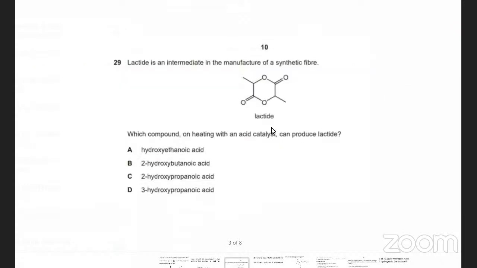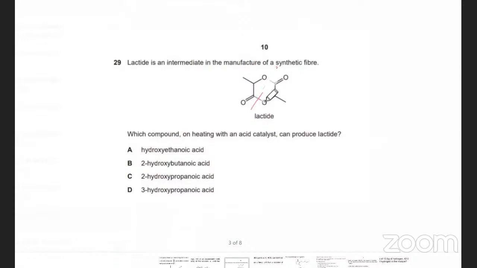That's the next one. We've got this question. Which compound on heating with an acid catalyst can produce this? It's an ester, right? So if it's an ester, the ester will break down, so I'm going to do just that. So the ester link in the middle is breaking up.